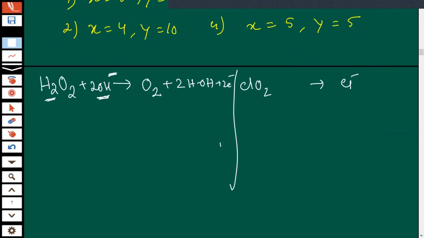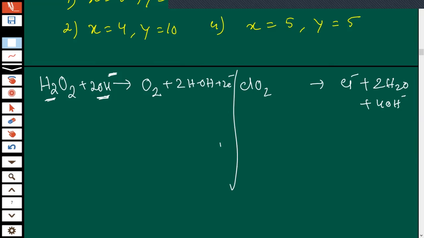Now here you see ClO2 gives you Cl minus. How many Cl are there? 1. Two oxygens are there, so use 2 water molecules. Now what happened? 4 H are there, so use 4 OH minus.